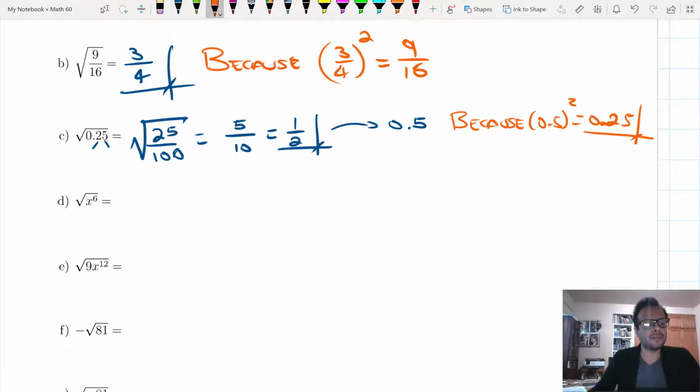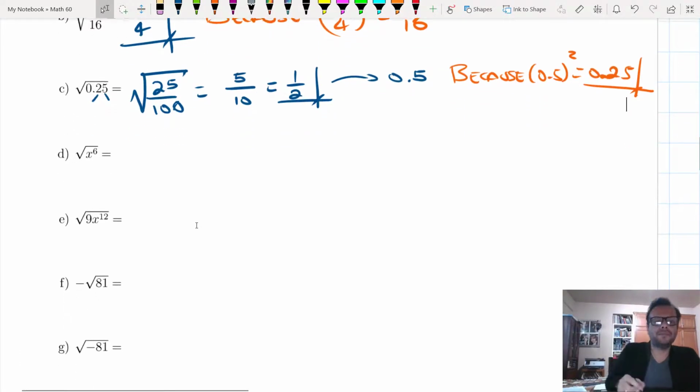All right, what about when we have variables, right? What about when we have variables? Okay, so the square root of x to the 6th power, all right? So let's do the explanation first, right?